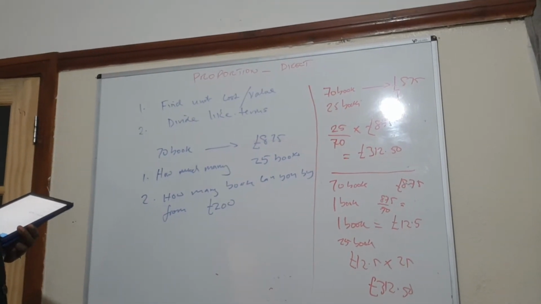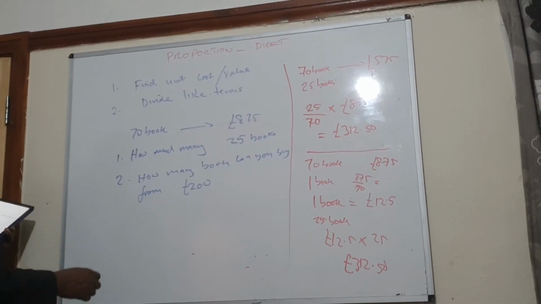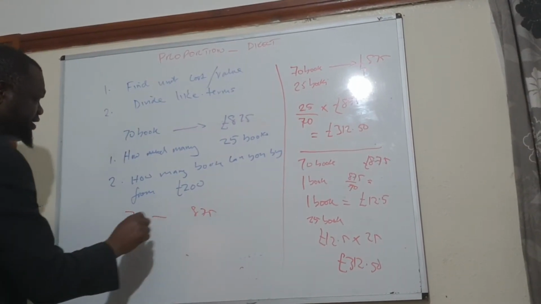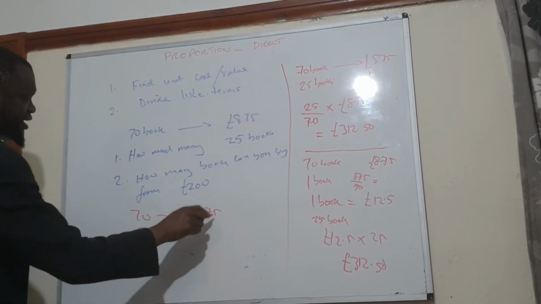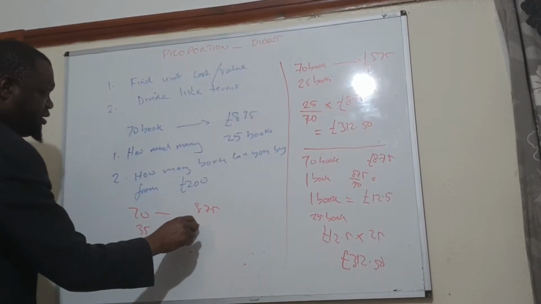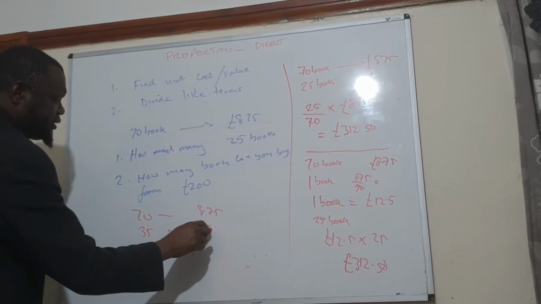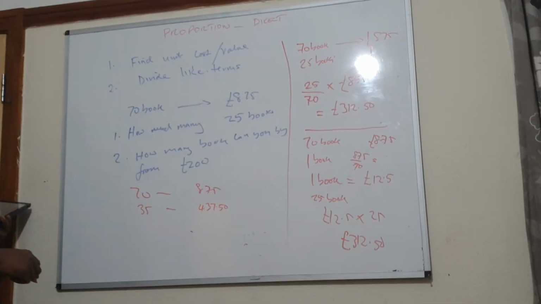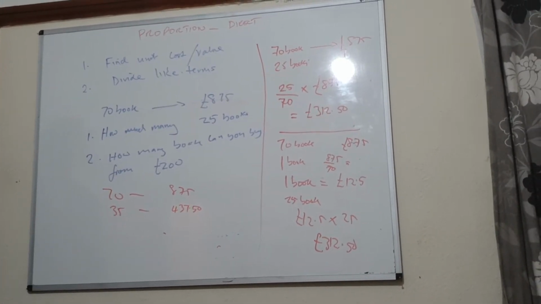In the school books, they can say, okay, 70 costs 875, yes? How much will 35 be? Half of that, isn't it? That will be 437.5. So how much will 10 cost?